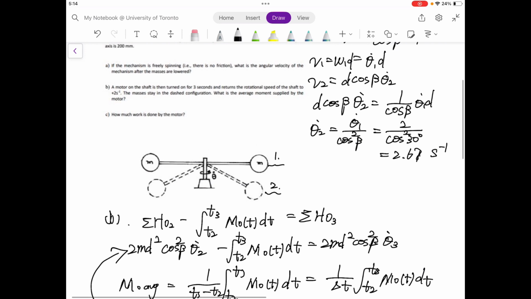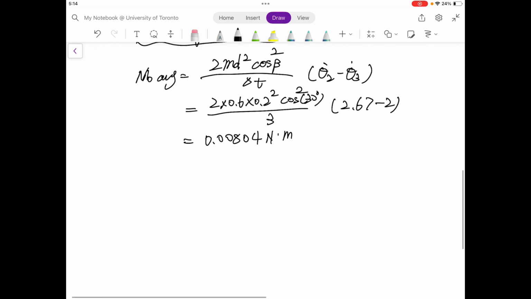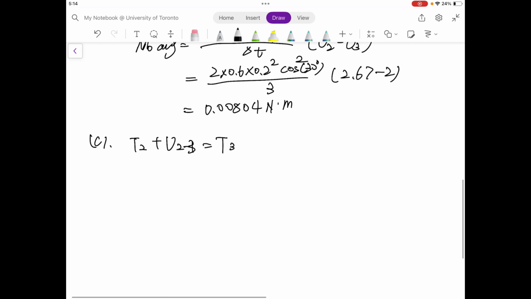Question 3. How much work is done by the motor? So T2, which is the kinetic energy at status 2, plus the work done by the motor, is equal to T3.